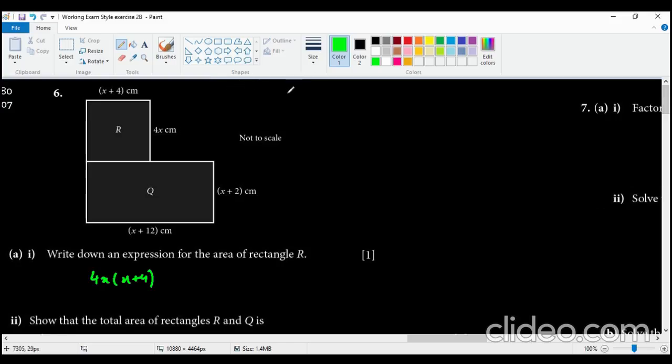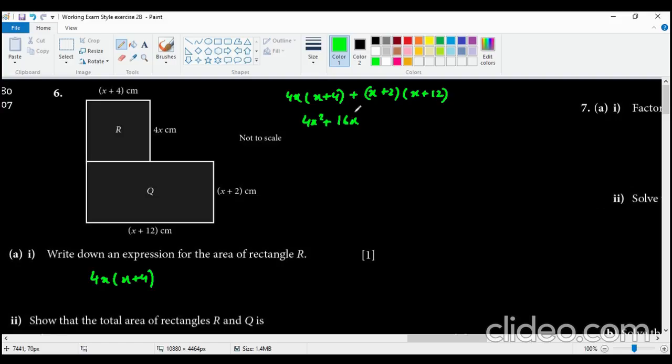First of all, 4x multiplied by x plus 4 is the area of R. This is added to the area of Q, which is x plus 2 multiplied by x plus 12. Now the first one gives us 4x square plus 16x.